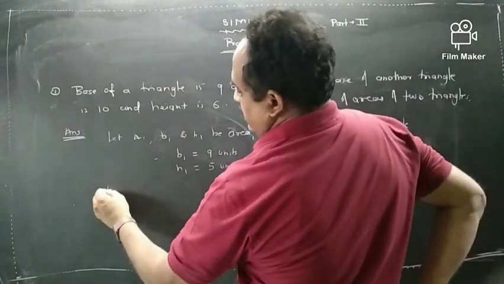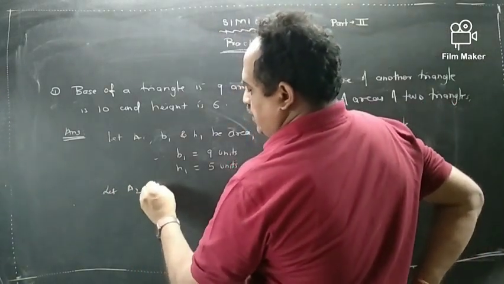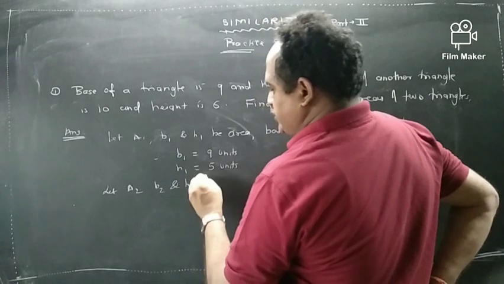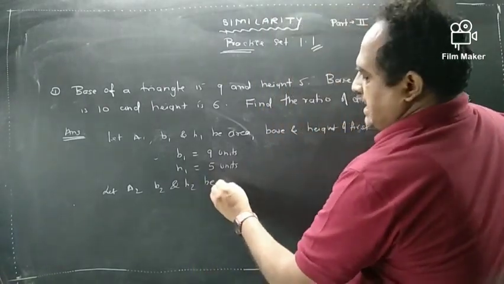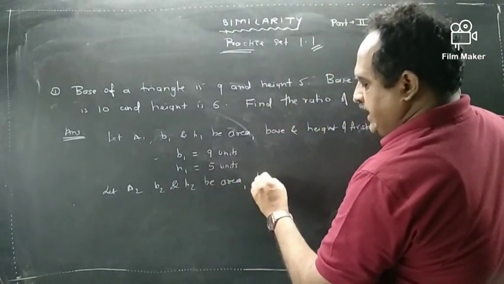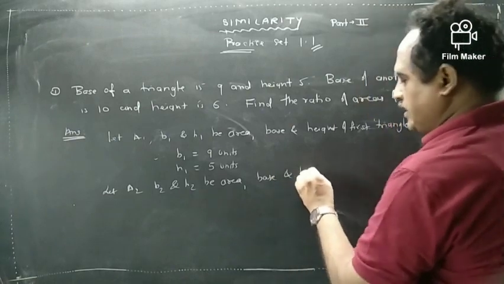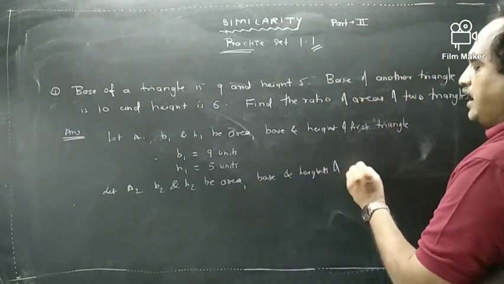Again, let A2, B2 and H2 be the area, base and height of the second.